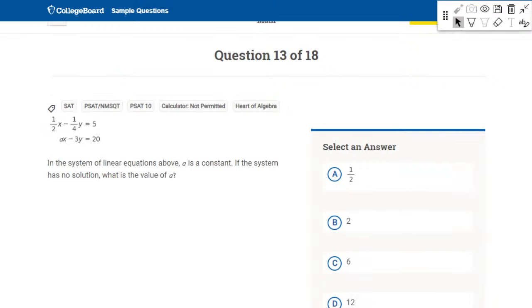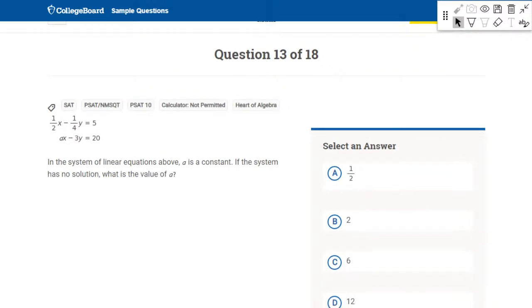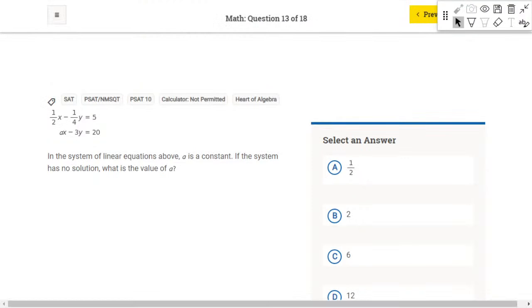So again, we have a system of linear equations above, and a is a constant. If the system has no solution, what is the value of a? If we are given two equations, or a system of equations, and we are asked whether there are an infinite amount of solutions, only one solution, or no solution, we always check the numbers standing before x, before y, and the constant.